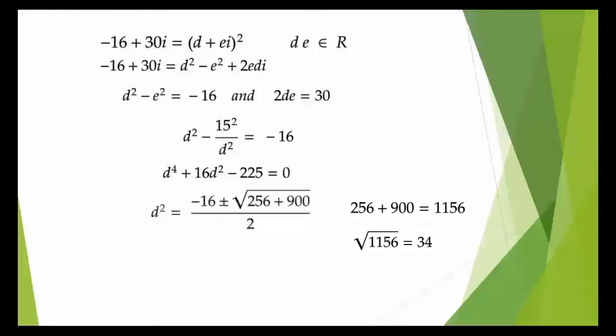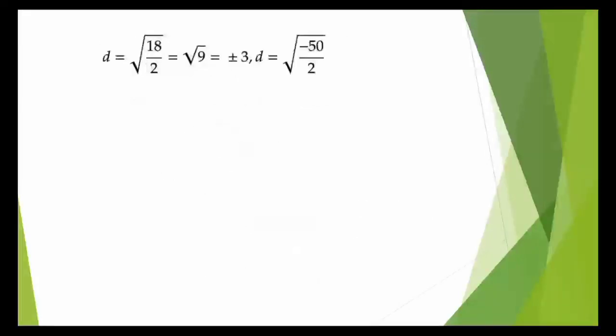After solving this, we get the value of d, which is plus or minus 3, and another imaginary value, which is the square root of minus 15 upon 2. I'm not interested in the imaginary value of d, so I'm going to take the real value, which is plus or minus 3.